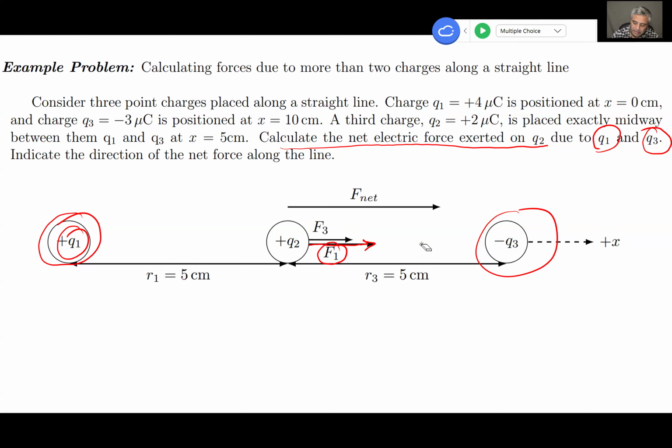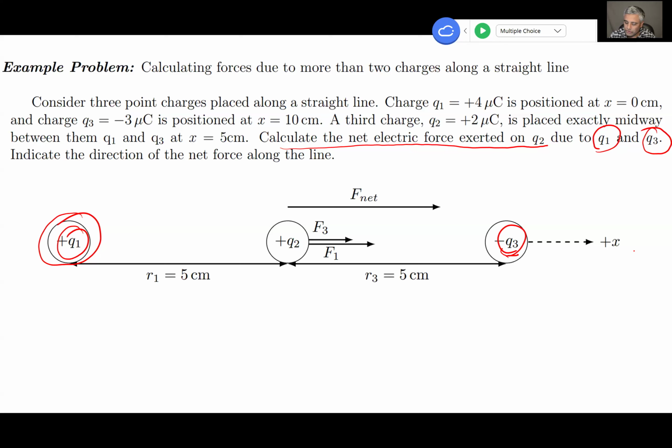And then on the other hand, there is Q3. It has a negative charge and this one is positive. So that means it's attractive force. So that means what this charge is telling this one is, hey, come to me, come to me. Okay. So it is also acting in that direction. So that means both of these charges are acting in the same direction.